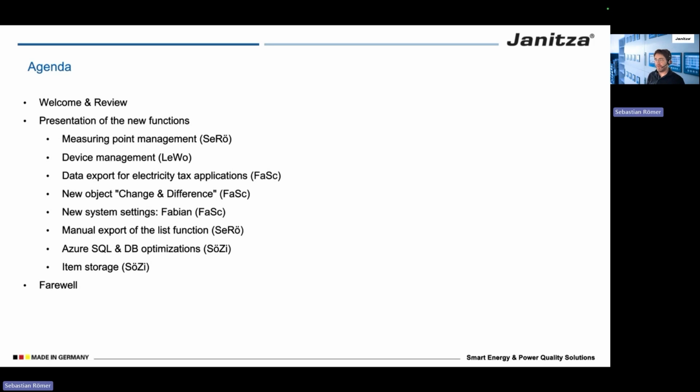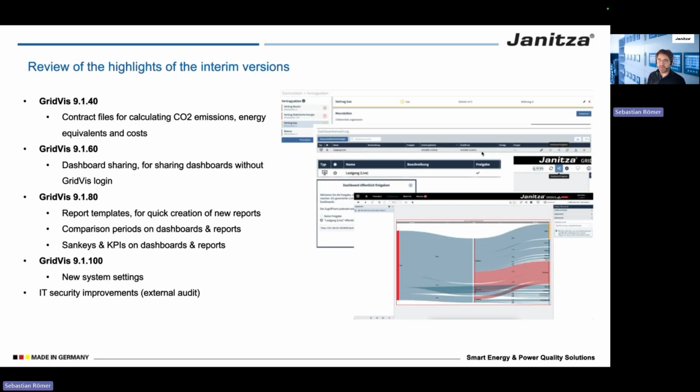Before we dive into each of these topics, I'd like to give you a brief overview over the interim versions between GridVis 9.1 and GridVis 9.2. During last year, we introduced four newer versions.